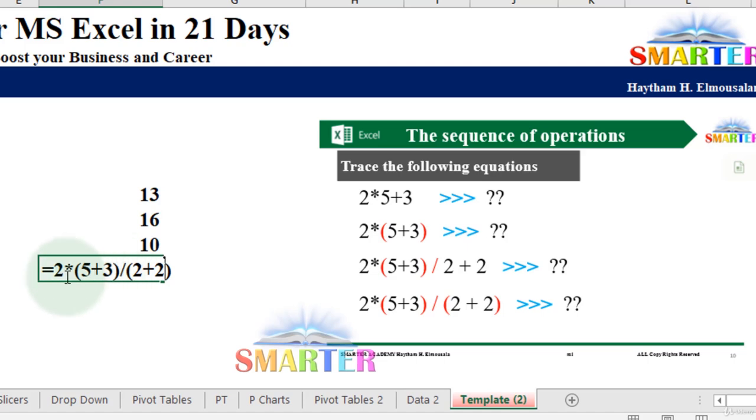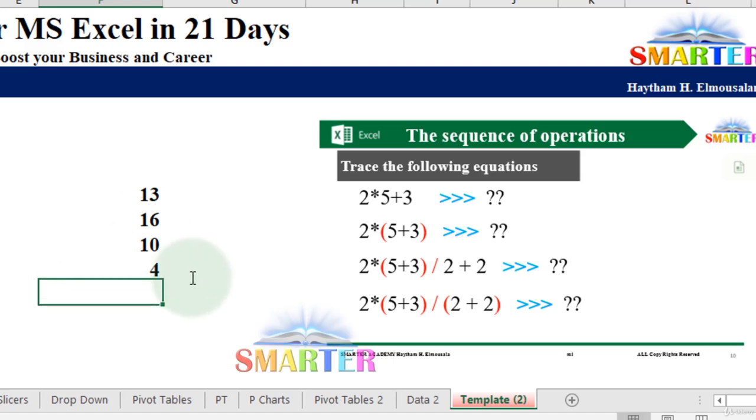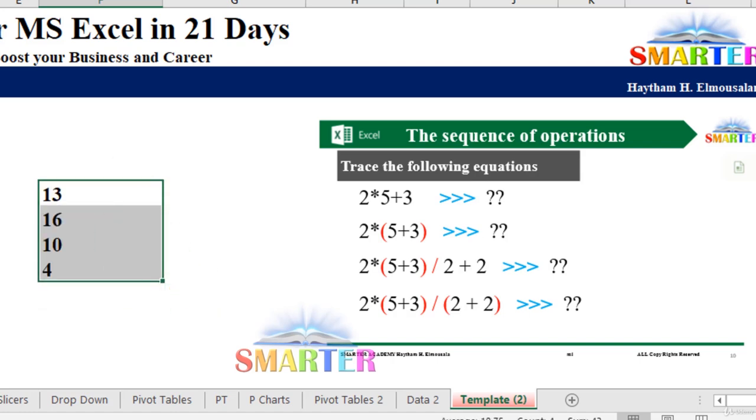The result will be 16. And parentheses make priority to addition over division. So here 2 plus 2 is 4. So 16 divided by 4, the final result will be 4. And that's right. Okay, if you don't understand anything, please let me know and we will discuss it in more detail.